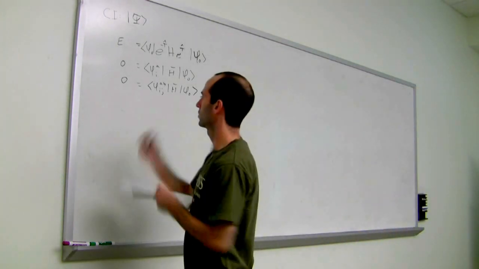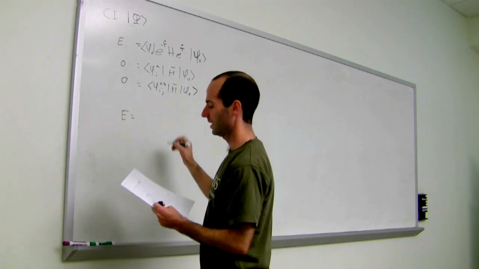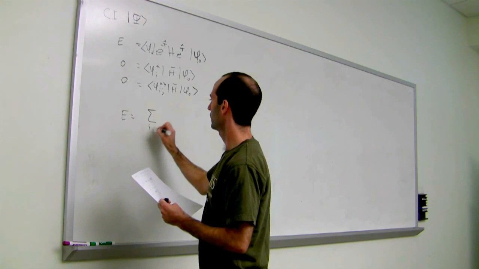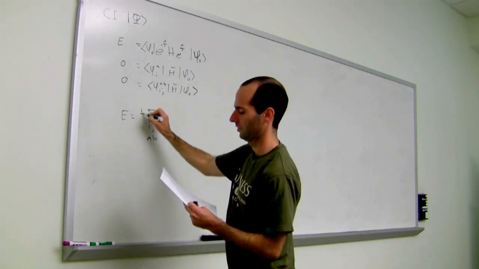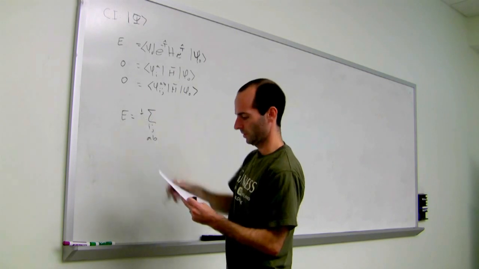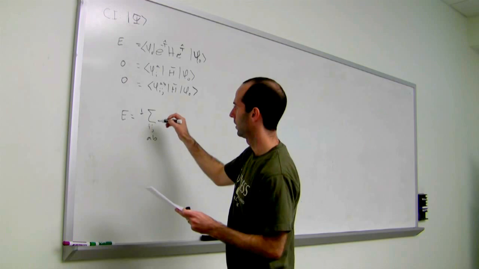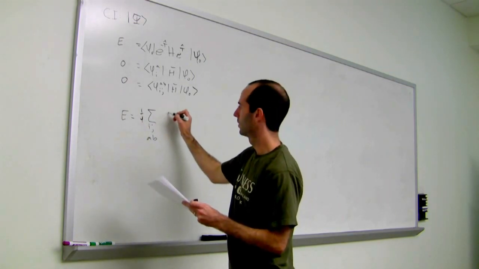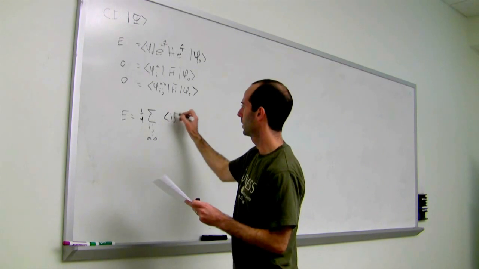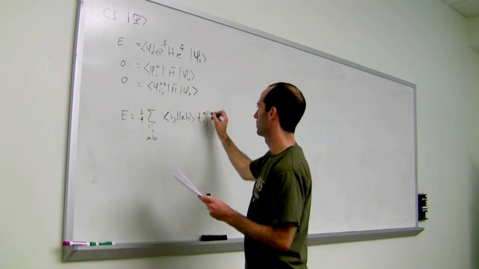The coupled cluster energy, when you include single and double excitations, is going to be sum of I, J, A, B. I think there's a fourth. Wait a second. Where did my energy go? Ij, AB times T, Ij, AB.